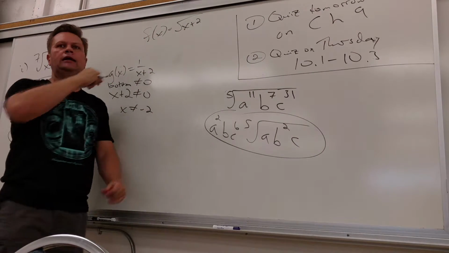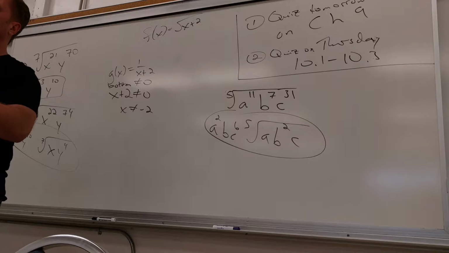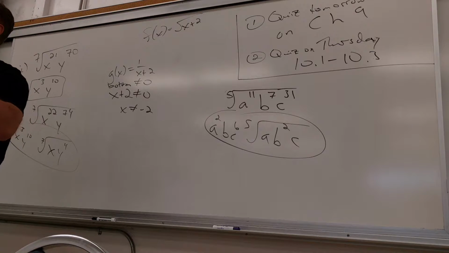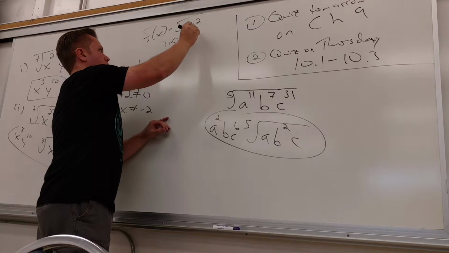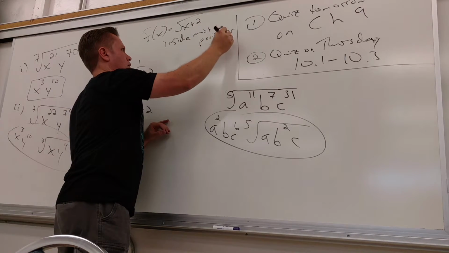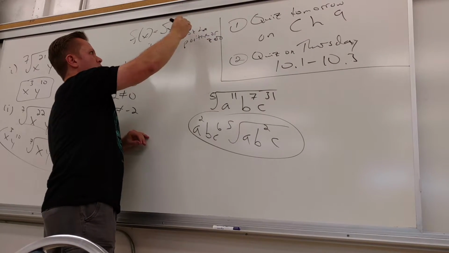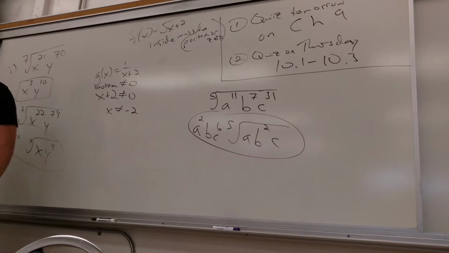Here, the inside has to be what? Or start with what can't it be? What can I not take the square root of? Negative numbers. So therefore, the inside must be positive or 0. So then it becomes, how do you write this mathematically? x plus 2 bigger.